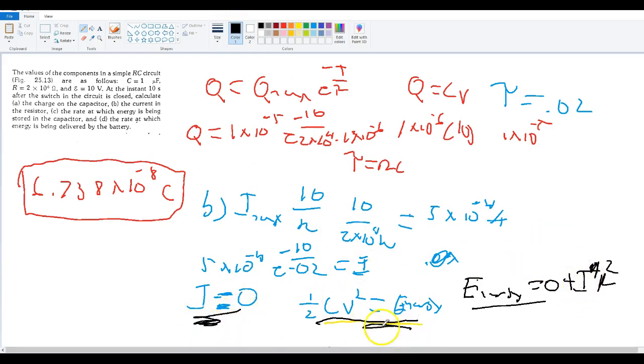And the energy here, because the capacitor shut it down for so long, is going to be 0. So D is also going to be 0. So literally, B is equal to 0, C is equal to 0, and D is equal to 0. Really, the only real question was this one. But once you understand that, these just all collapse on each other.